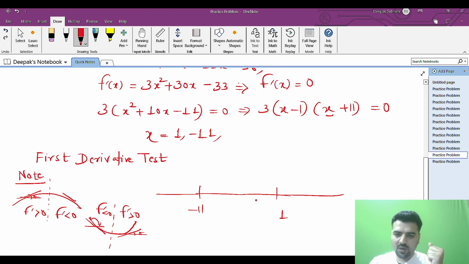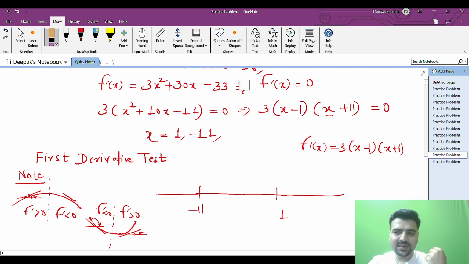Now we need to find the nature of this function, whether it is positive or negative. F dash x can be written as 3 times (x minus 1)(x plus 11).